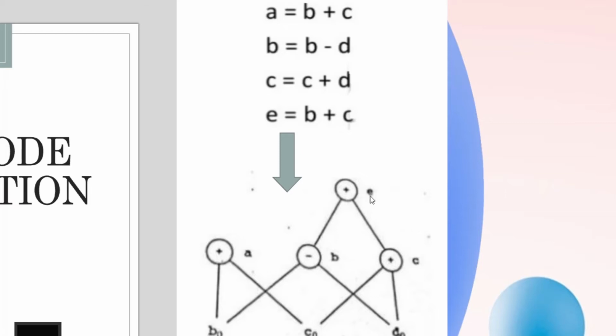So from this example, while evaluating the expressions in sequence, after evaluating the second expression, the value of the first B has changed, and after evaluating the third expression, the value of the first C has changed. So both first values of B and C are added, and the result is stored in A. So after executing the successive statements, both B and C first values have changed completely.